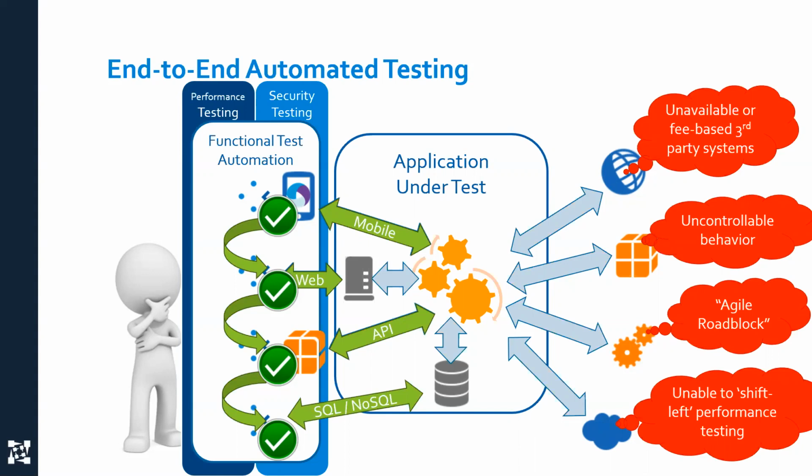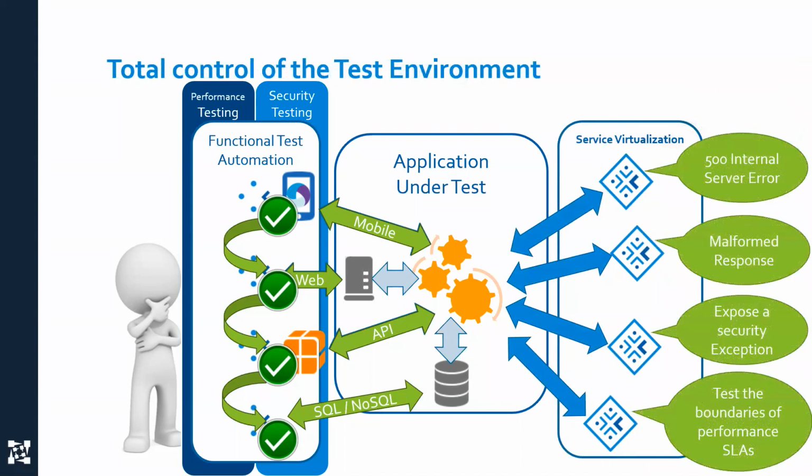Maybe there's a charge or a pay-to-play interface on them that says you get charged every time you use it. Or maybe you're trying to do something with a service to validate some new functionality in your application, and that backend service has never done that before. And so you need to put in some behavior that typically wouldn't exist. This is where service virtualization comes in.